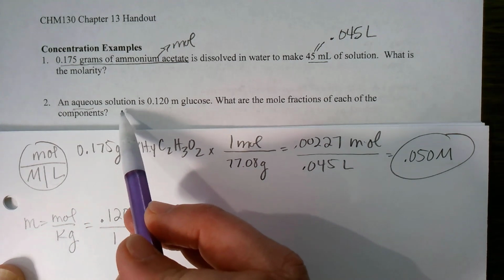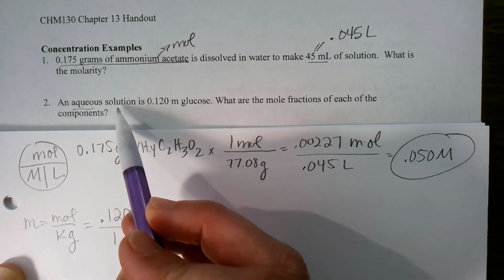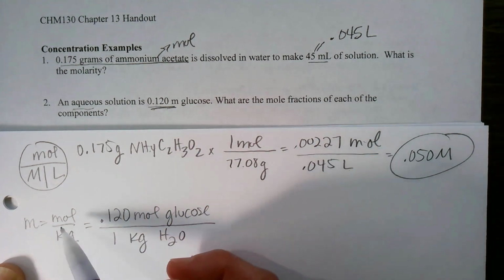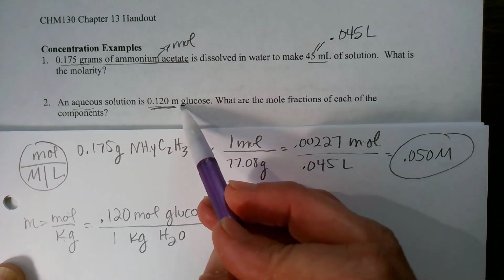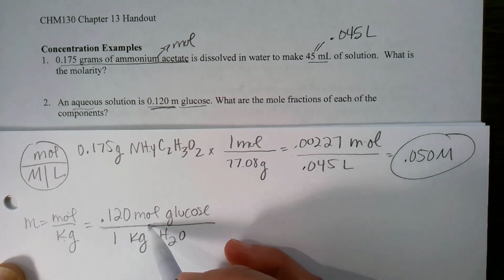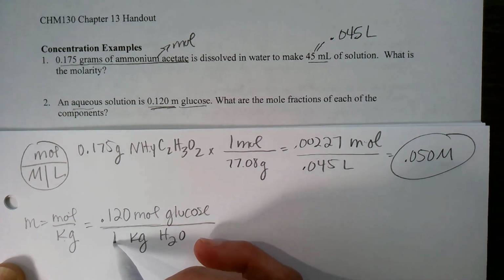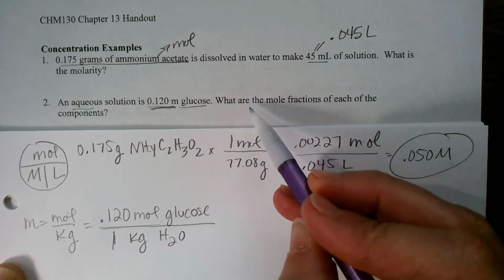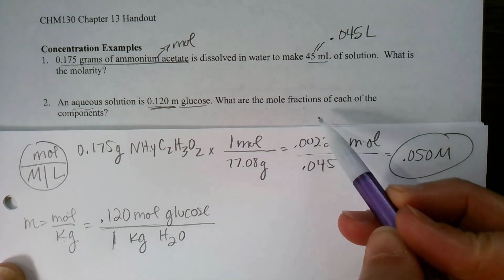Right? It's an aqueous solution. So if it's in solution, that means it's in water. And this tells me that this little m is moles per kilogram. So that's how many moles of glucose per kilogram. And we can just assume that that's 1 per kilogram of water. Okay, so the mole fractions of each of the components.